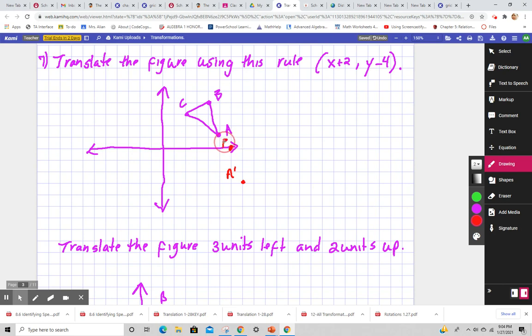And this is B prime. And C, 1, 2, and down 1, 2, 3, 4. This is C prime. This is A prime. And that's it.